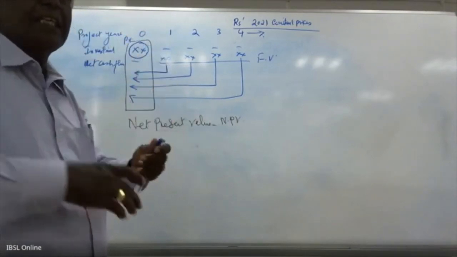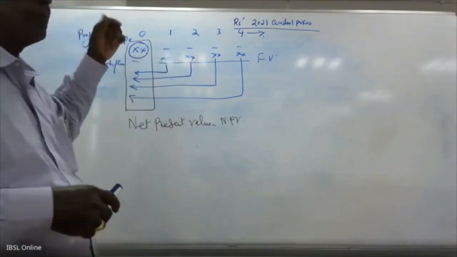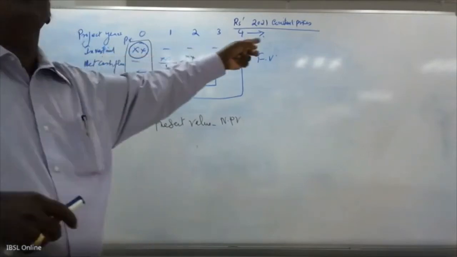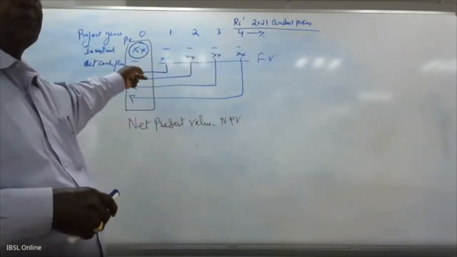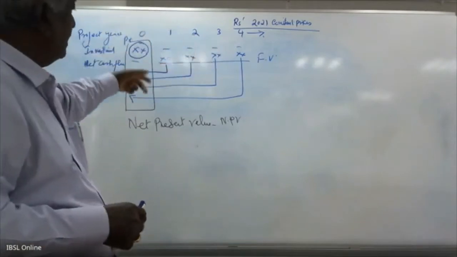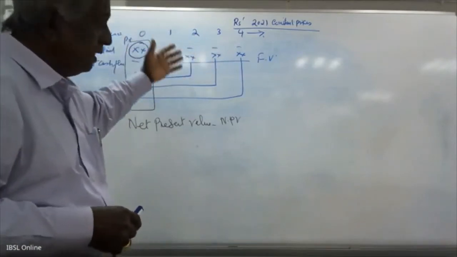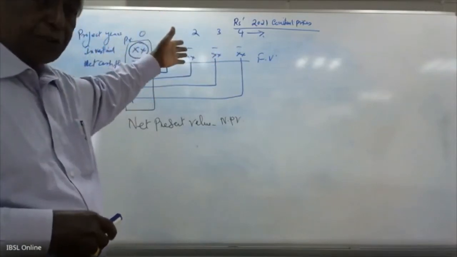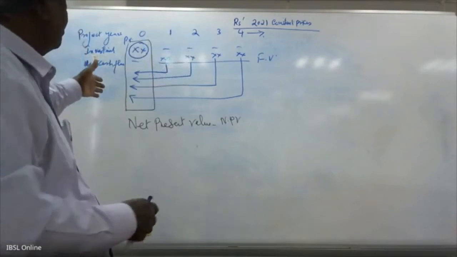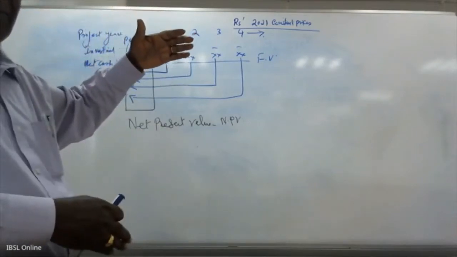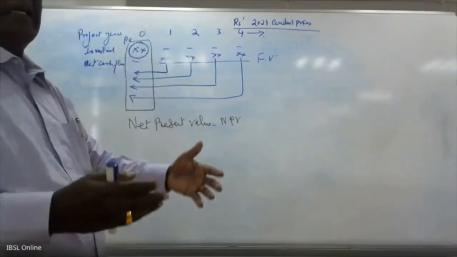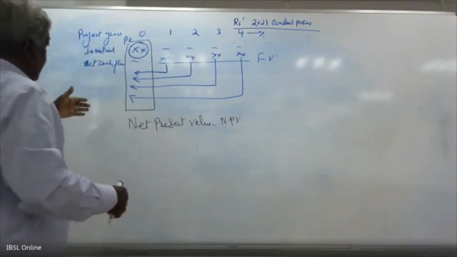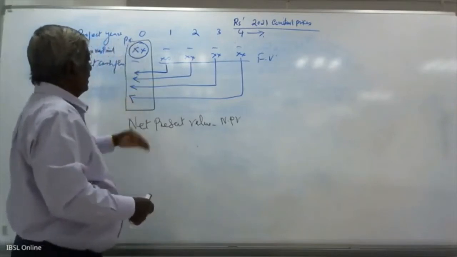Whether that is worthy for this present income, because these net cash flows are future values, at the end of first year, second year, third year, or fourth year. These future values you have to bring to the present value, the same level. Then you can add or subtract, and we get the net present value.